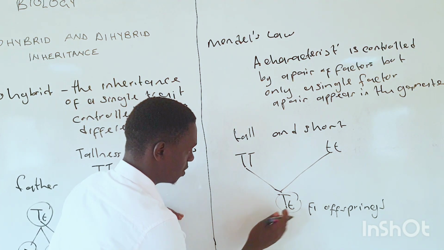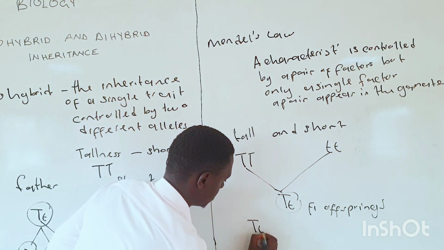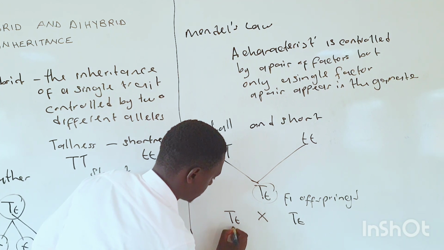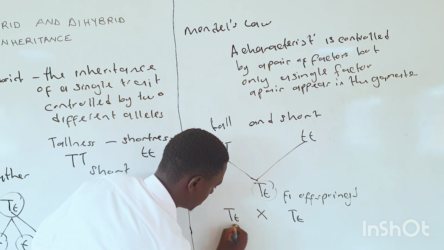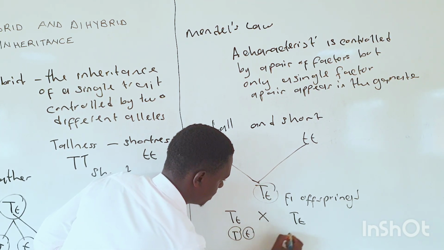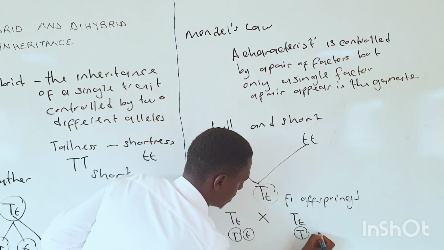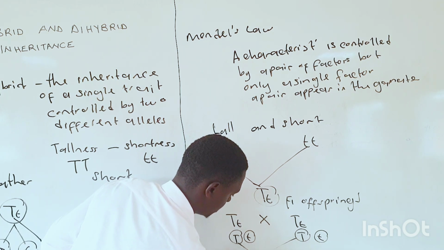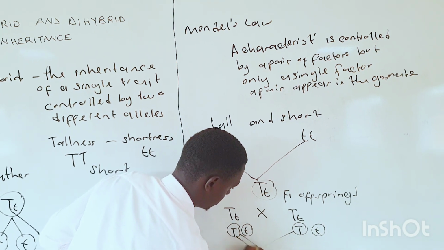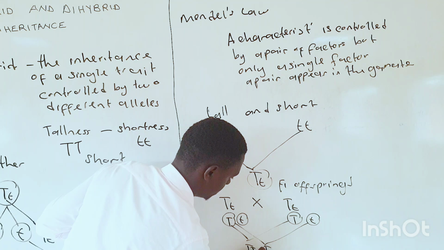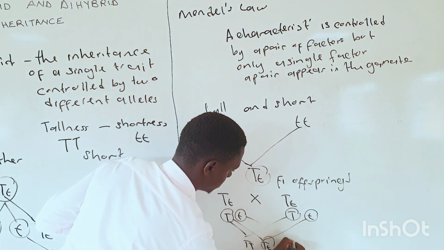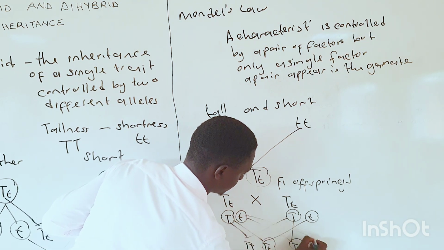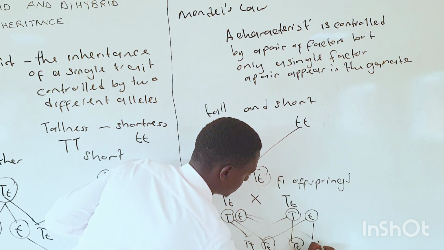For example, if you cross this with this again, they shall form the gametes, which are capital T and small t, then capital T and small t. If you cross, you have here T, and here T, this is T, small t, and small t.